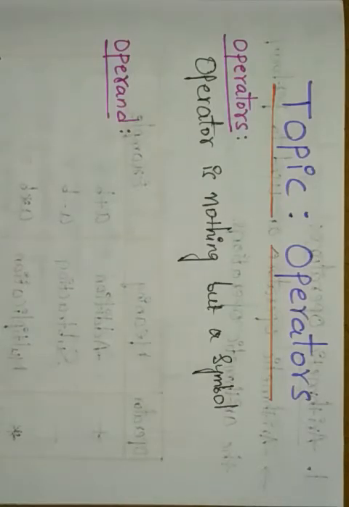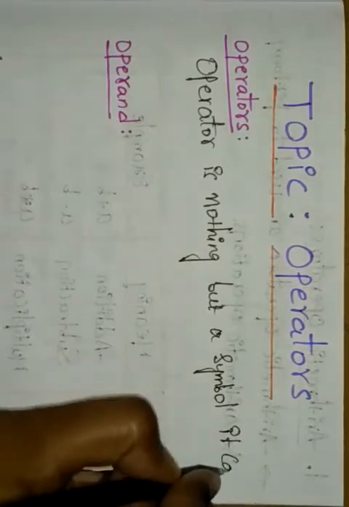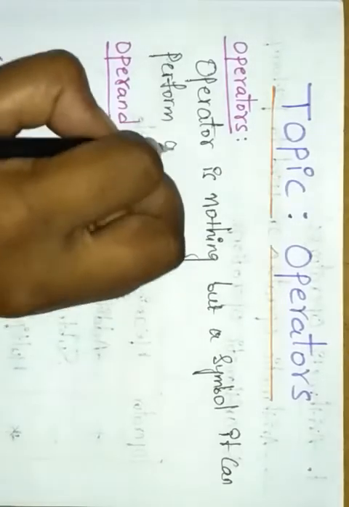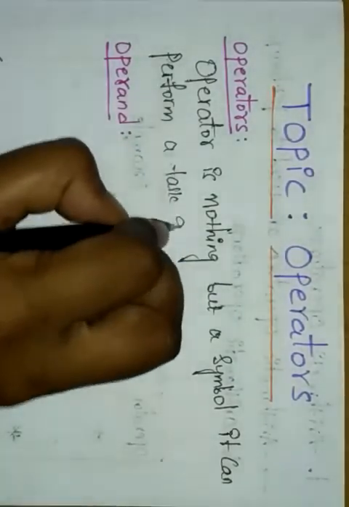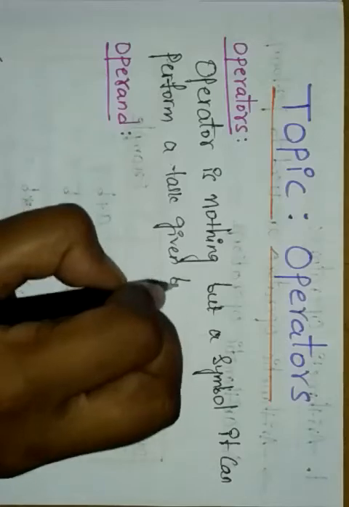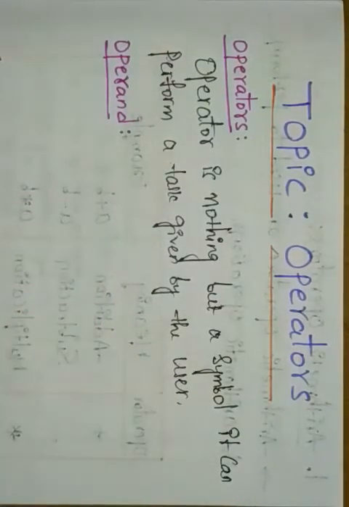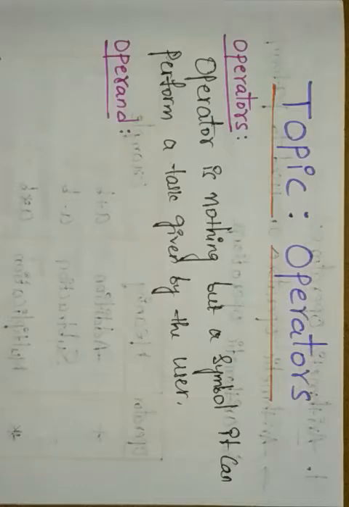It can perform a task given by the user. Whatever instruction the user gives, that can be performed using this symbol. So your operator is nothing but a symbol that can perform a task given by the user.